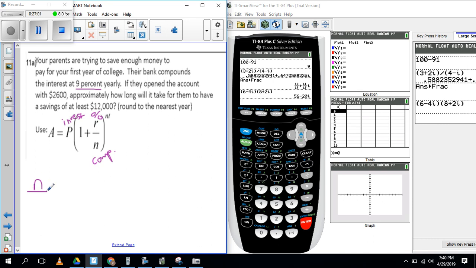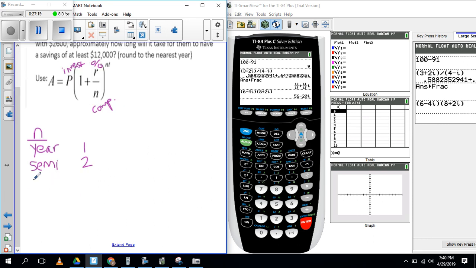So if it's compounded yearly, N is 1. How many years in a year? 1. If it's semi-annually, that's going to be 2. If it's monthly, how many months in a year? Well, there's 12. What if it's quarterly?